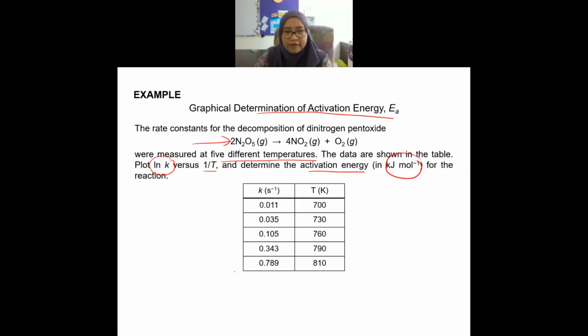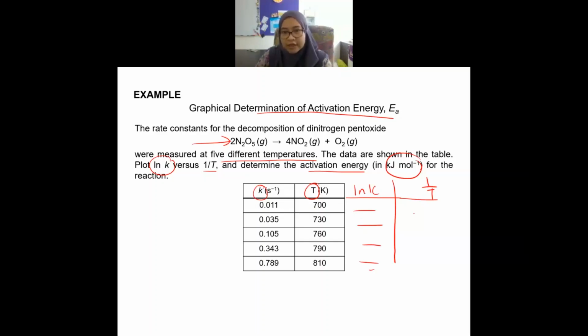Okay, so we have 5 experiments here. And the data given to us is in terms of K and temperature. Okay, alright, so you mesti kena tahulah that you need to transform this value, that means you have to prepare 2 more columns. Okay, one is ln K, the other one is 1 over T. Cari the value.